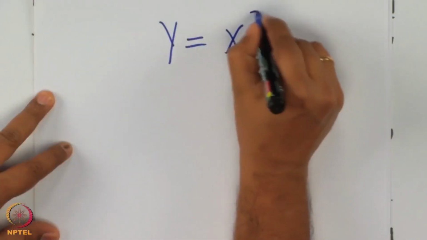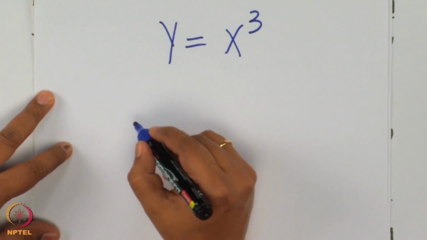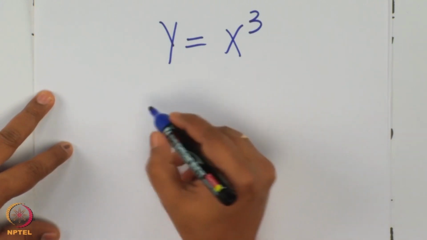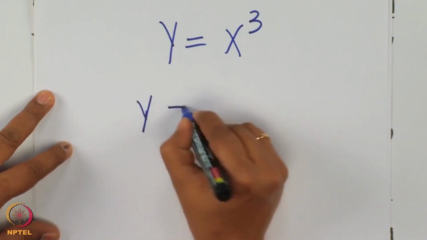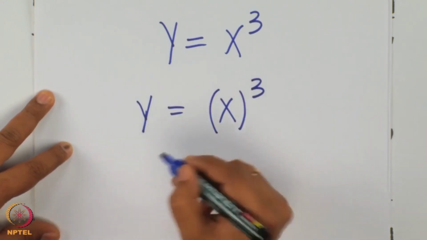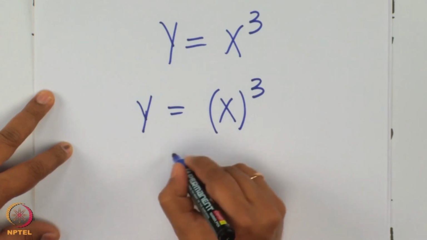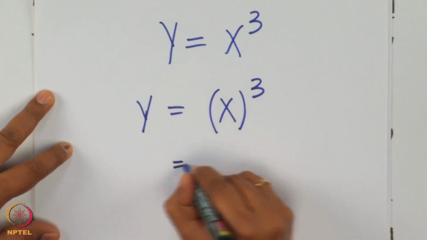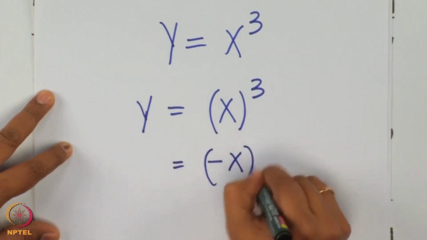And I want you to also note one more thing. If you plot y is equal to x cubed, what happens when x goes to minus x? As we did earlier, this is x cubed. If I just put x is equal to minus x, this is minus x cubed.